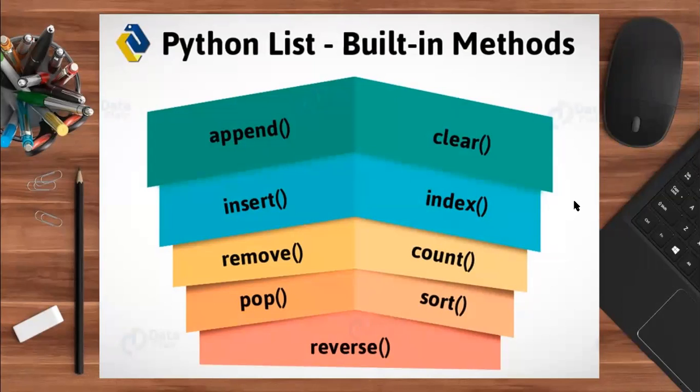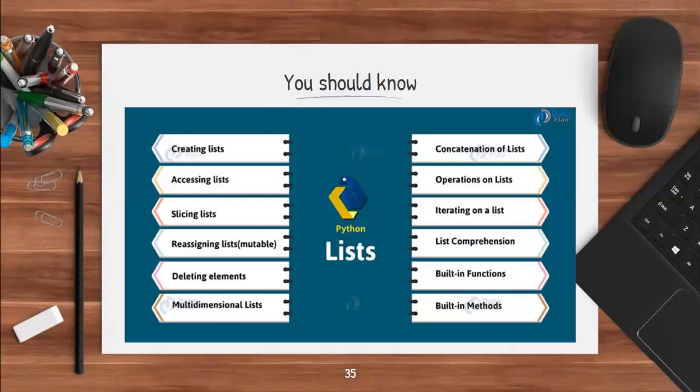Functions are len for length, append is to add, insert is to insert something, pop is to remove an element. Remove is also to remove an element. The difference is pop will give a return value, remove doesn't. Minimum, maximum, count, sort, index, clear, etc. So this was all about this.